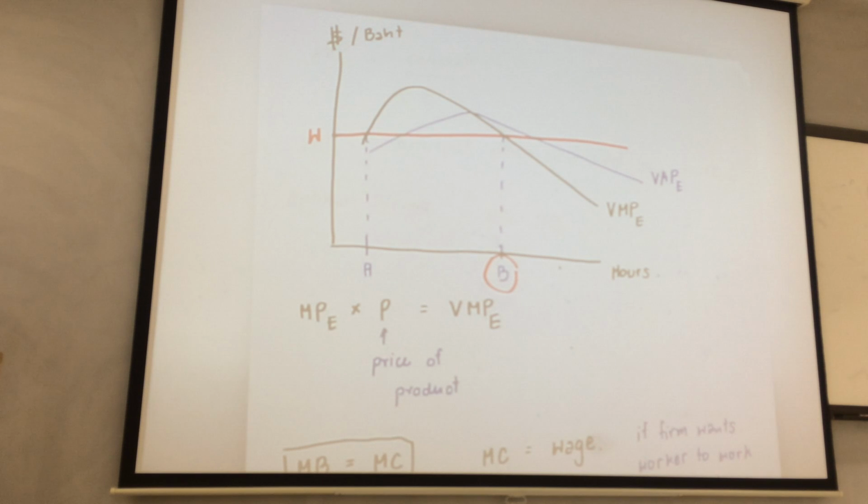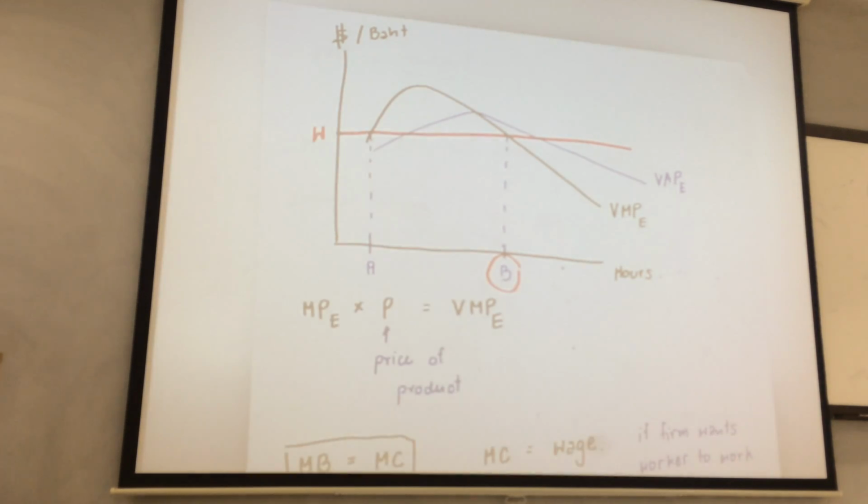But in fact, it's demand. Which part of this whole graph is the demand for labor? How do you look at the demand, at least in the short run, because we fix all the capital, right? How can you identify the demand?